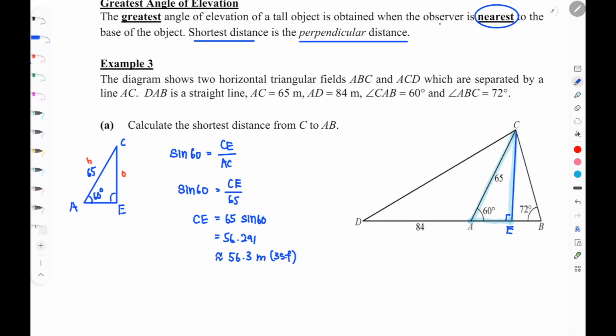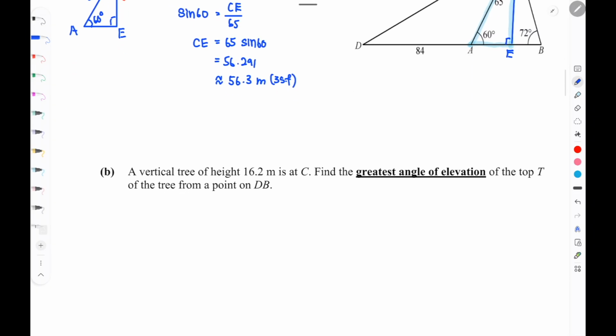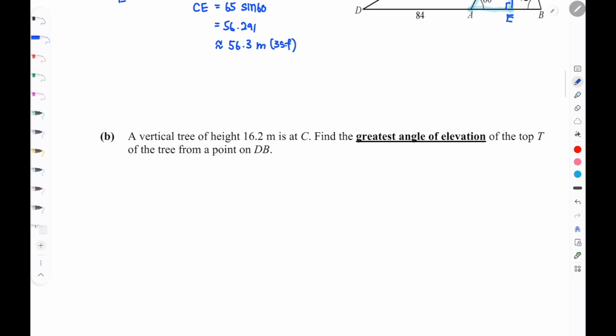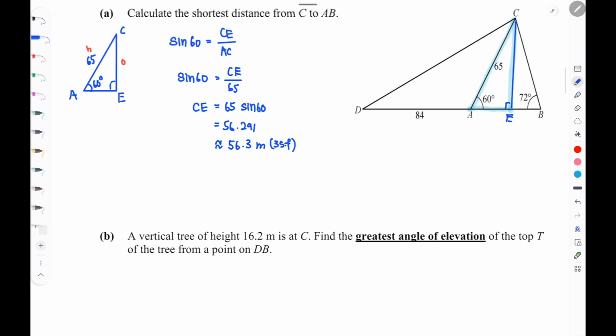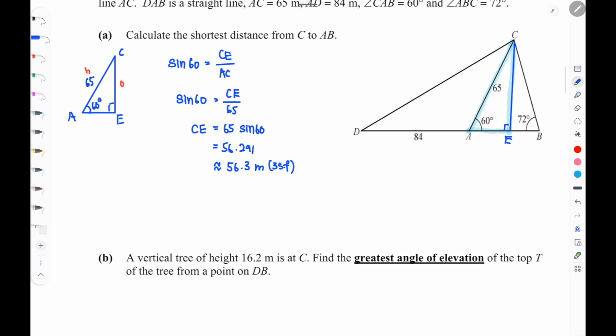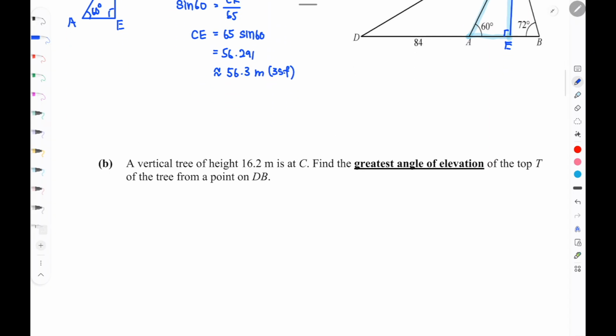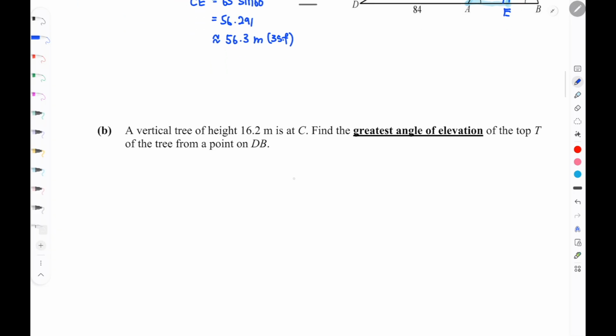Okay, next question. We are talking about the greatest angle of elevation. Okay, so greatest angle of elevation is from the shortest distance possible. For example, let's say you are at Marina Bay Sands, and this is the building.